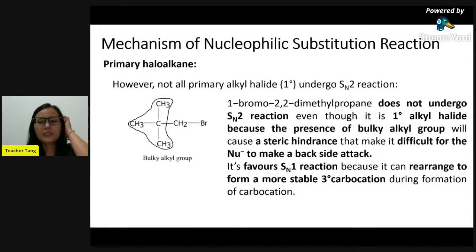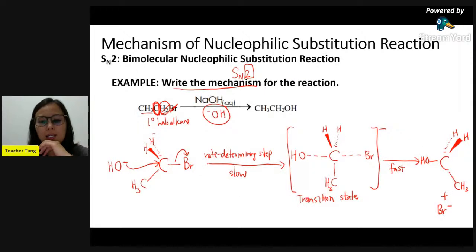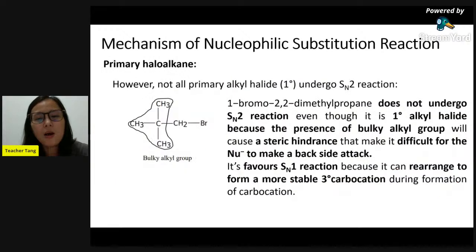So just now we already discussed that tertiary haloalkane will definitely undergo nucleophilic substitution through SN1. For methyl halide, definitely SN2 because the steric effect is the lowest. How about primary?